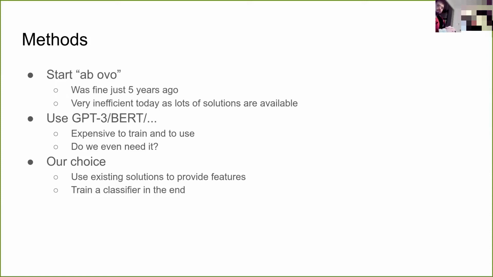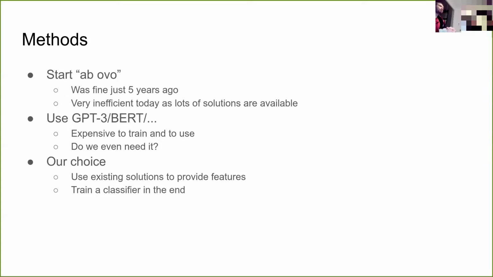Because first, when you try to work with such models, I tried, it's extremely expensive to train. So you have to use a lot of computational resources. If you work on your laptop, it's probably going to take a while. If you work in the cloud, it's going to get faster, but also expensive.